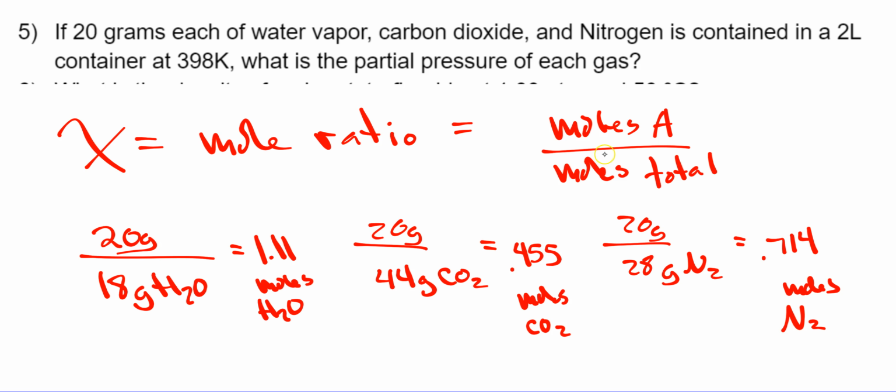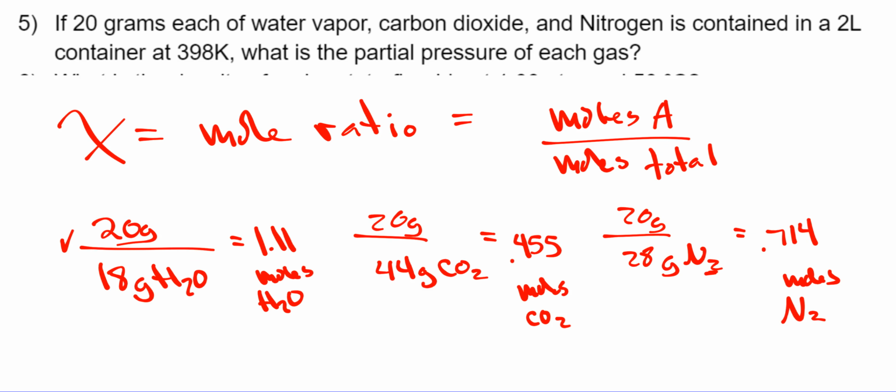So the first thing I did was take the 20 grams of water vapor and divide it by the molar mass of water, and that gives me moles of H2O. Then 20 grams divided by the molar mass of carbon dioxide, and I get 0.455. All right, and then 20 grams for nitrogen, and remember it's diatomic, so that's why it's 28 grams and not just 14, and it's 0.714.